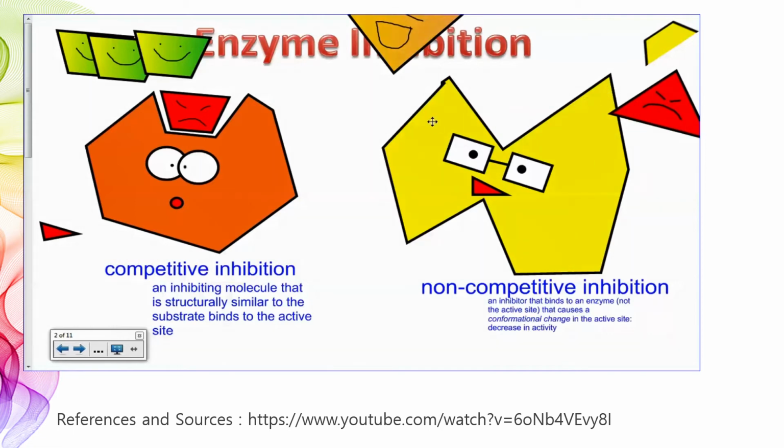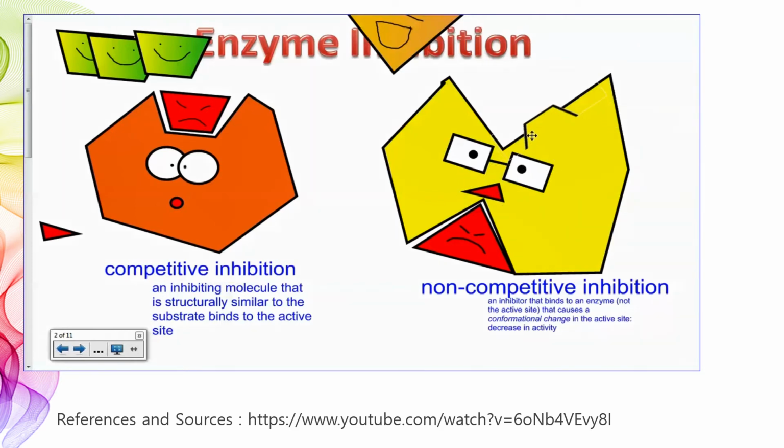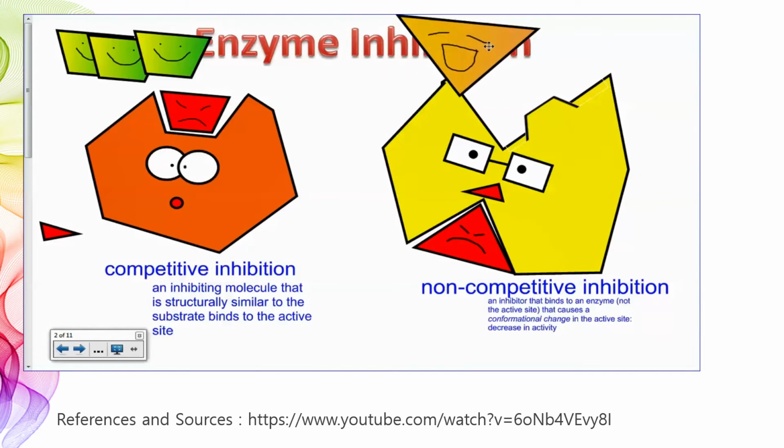That enzyme may not have intended to have another spot there, but it just so happens that whatever this is, this poison, can actually bind in another location. And when it binds to this other location, it actually causes the whole enzyme to change shape. He becomes kind of unhappy and it affects the actual active site where the normal substrate is supposed to bind.